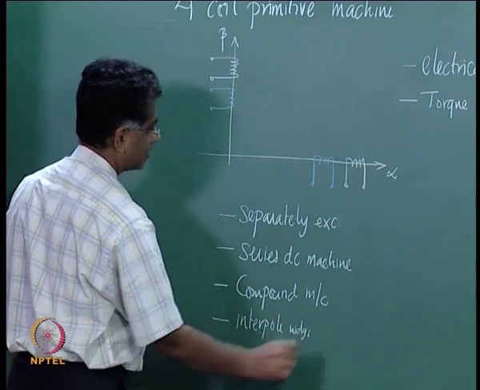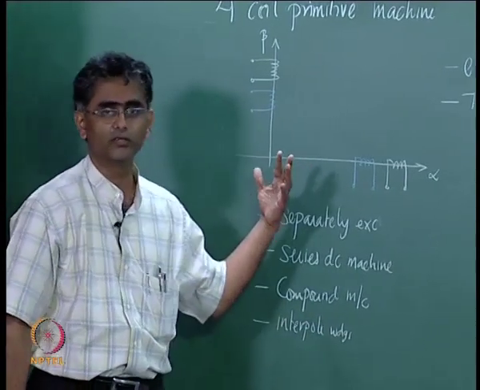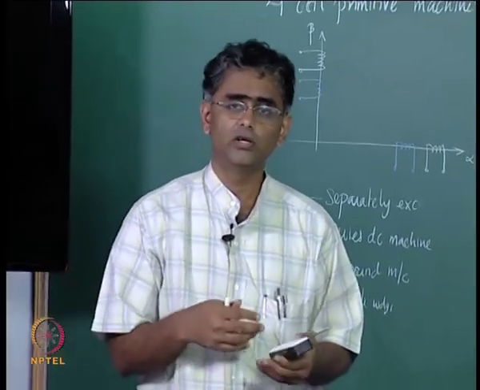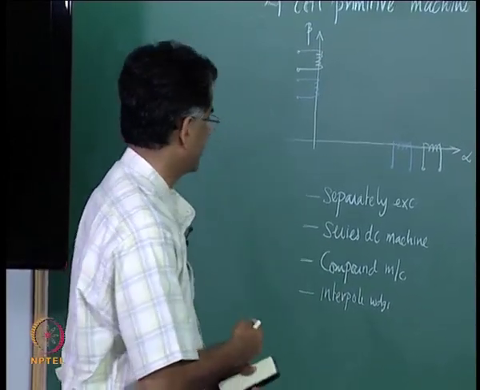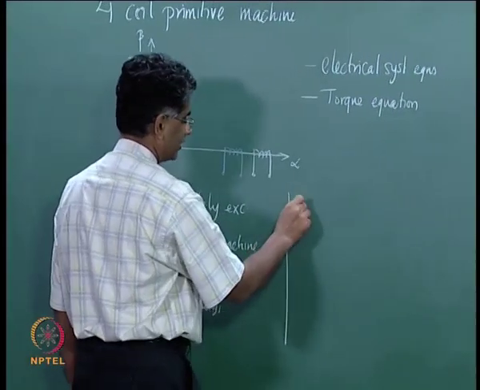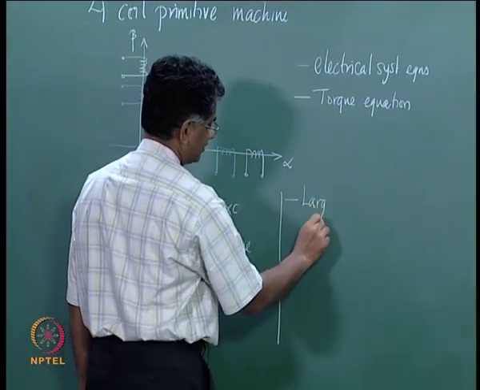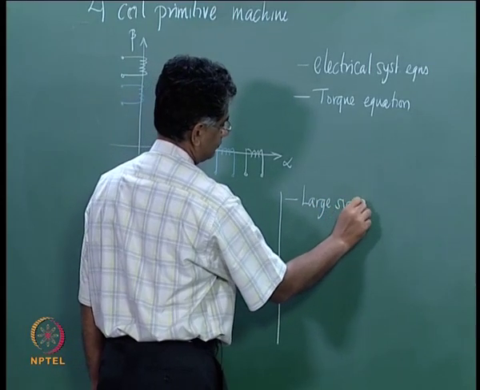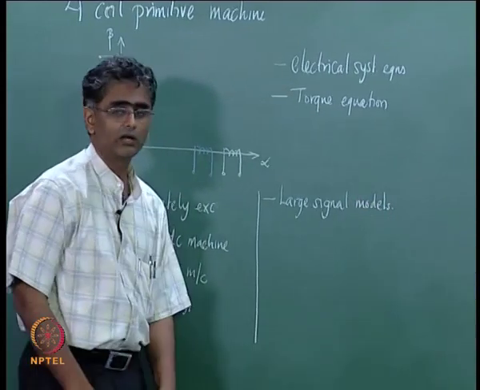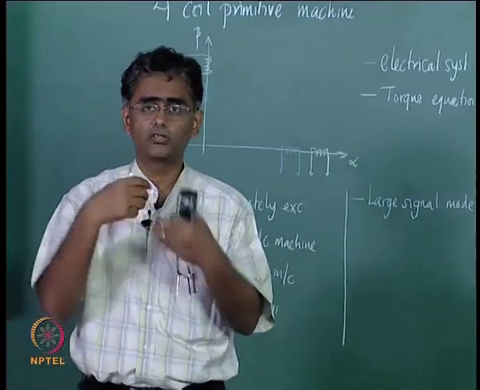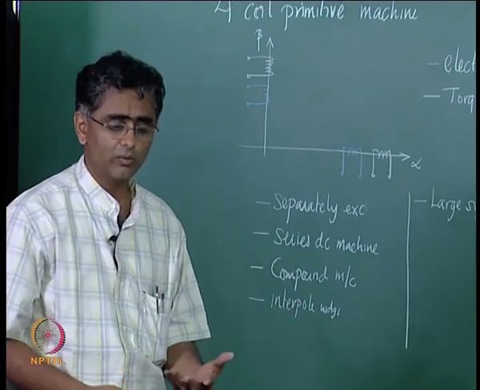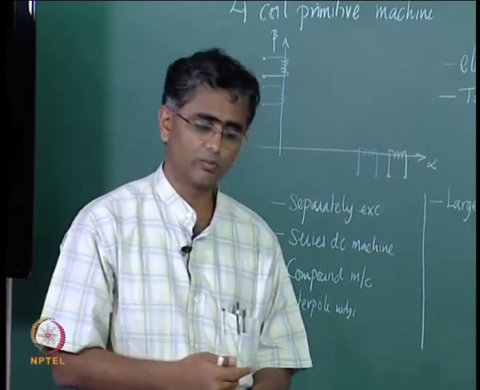All these different varieties can then be developed from a description similar to this, and then we started looking at how these machine equations can be used for any application. We saw that these machine equations are basically what are called large signal models, in the sense that one can apply a fairly large DC voltage, a fairly large torque on the shaft, and we expect that the equations we have derived enable us to determine how the machine is going to behave.